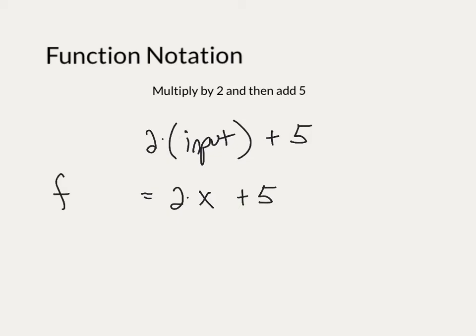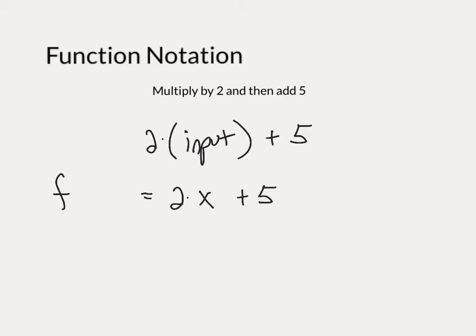Okay, so the name of this function is f, and I would say f is equal to 2 times x plus 5. So this function f has this formula 2x plus 5, but this isn't quite enough information for me.